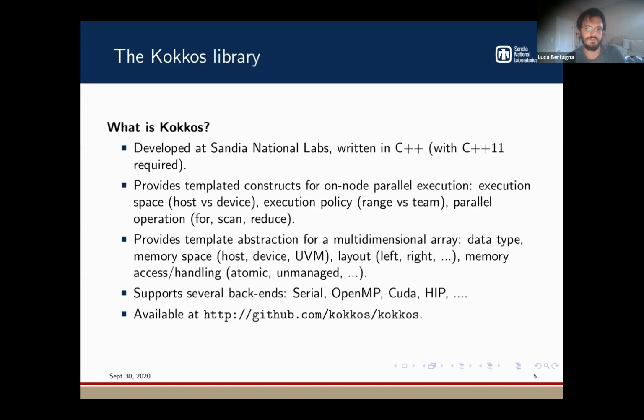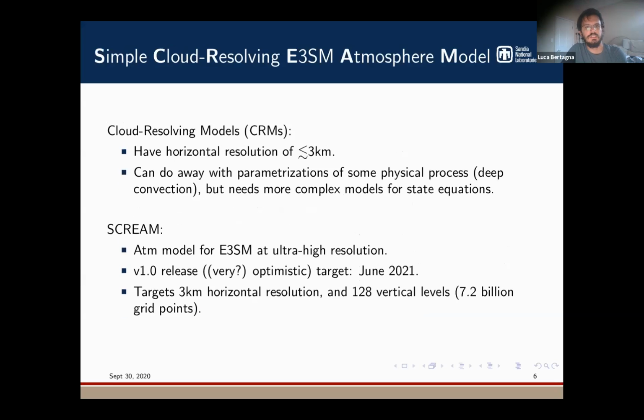The abstraction for the parallelism includes the execution space, the policy, and the operations, so the where, the how, and the what of the parallel executions. While for the view, the abstraction includes the data type, the memory space, the layout, the memory access, and more. Kokkos supports several backends: a serial one, which is no parallelism whatsoever, OpenMP, CUDA, HIP, and more. It's publicly available on GitHub.